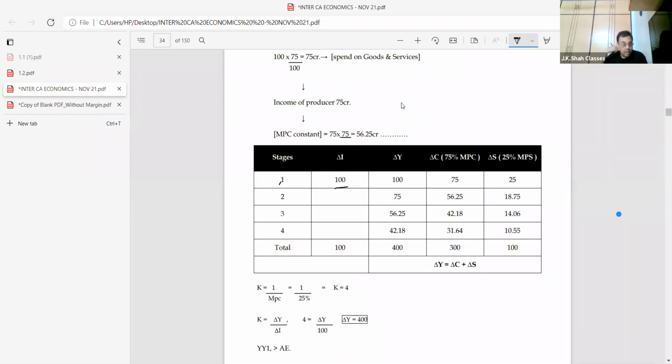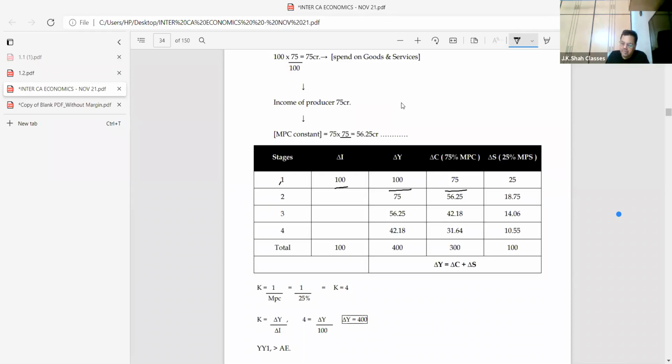Think properly. Now when government makes an investment of 100 crores, students, see, 100 crore rupees comes in the country. When 100 crore comes in the country, out of that people spend 75%. So people spend 75%, it means increase in consumption is 75.